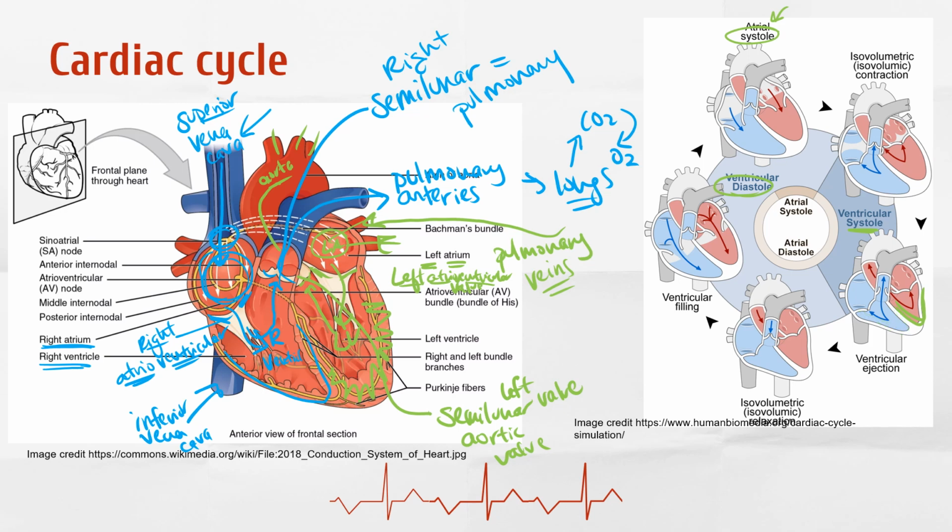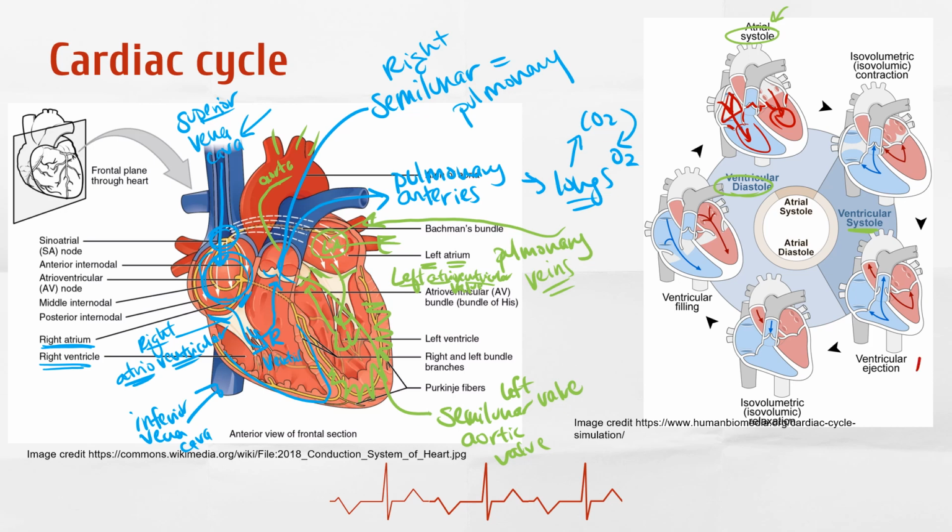What's pretty cool about these pressure changes is that it causes the valves of the heart to open and close. So when the atria are contracting, when we've got this big push on the blood in the atria, it actually opens up the valves, those atrioventricular valves, so that blood can flow into the ventricles. At the same time, the semilunar valves are going to stay closed, so the blood is kind of captured in the ventricles.